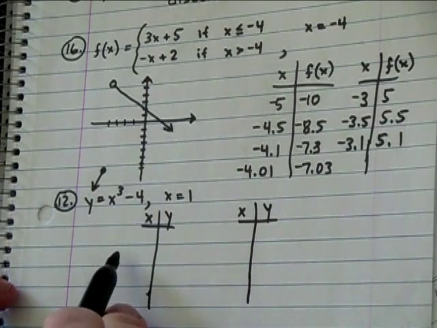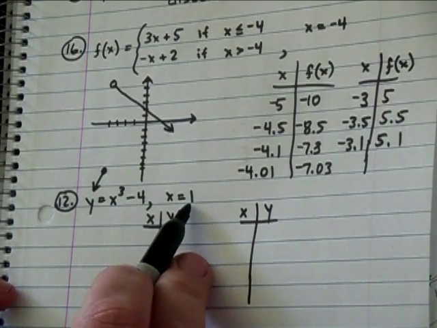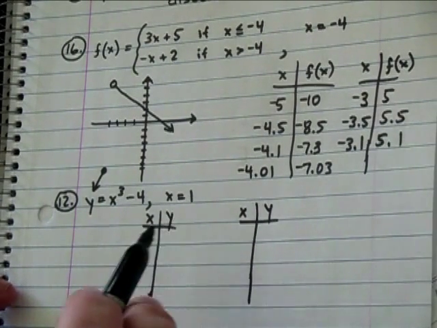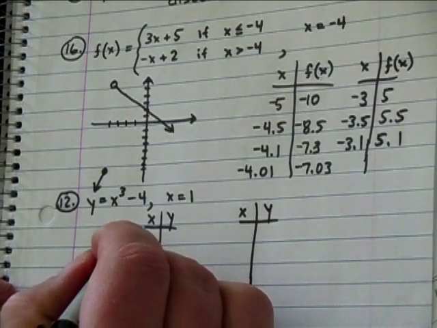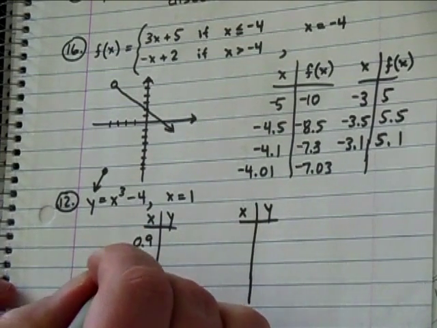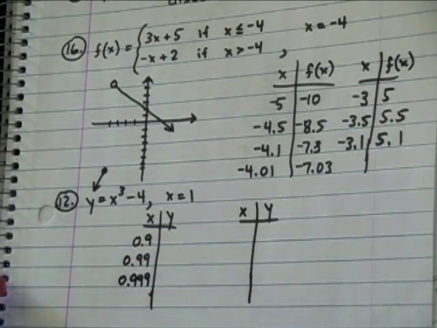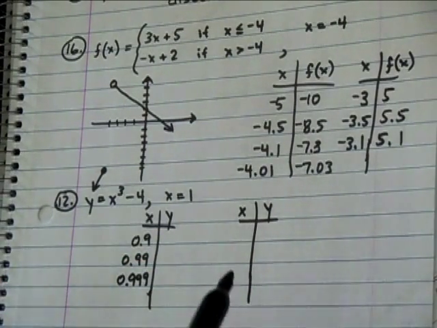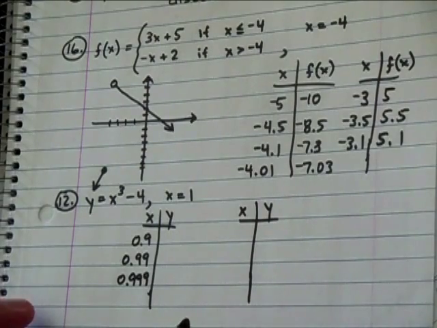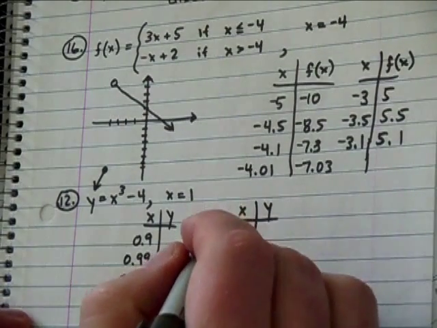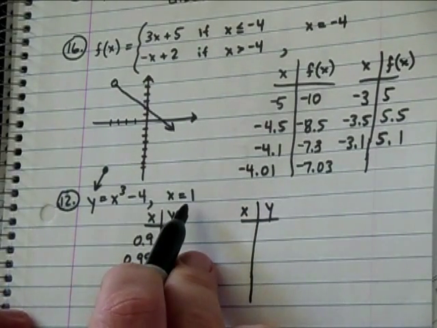Okay, so on one side I want to approach from the left, so I want to use numbers that are smaller than 1. For example, 0.9, 0.99, and 0.999 are all smaller than 1, but get closer to 1 as you go. And then on the right side, we want things that are larger than 1.